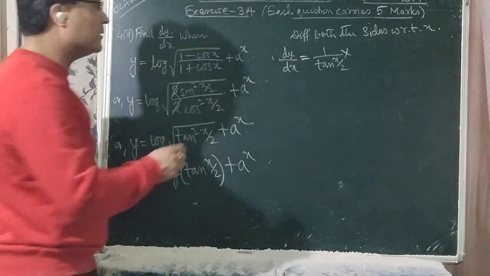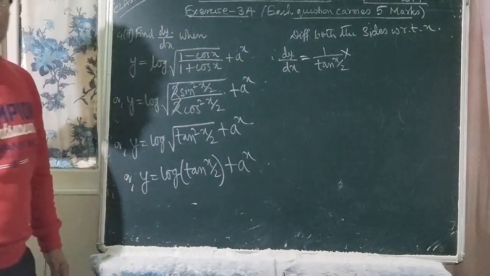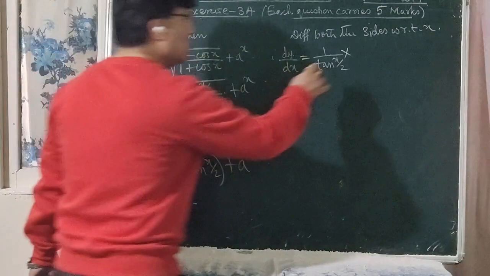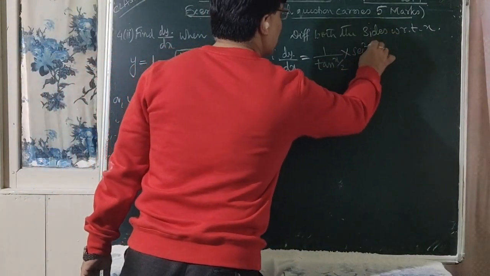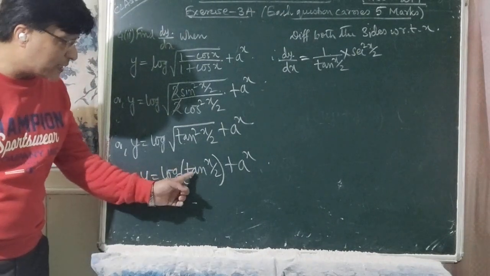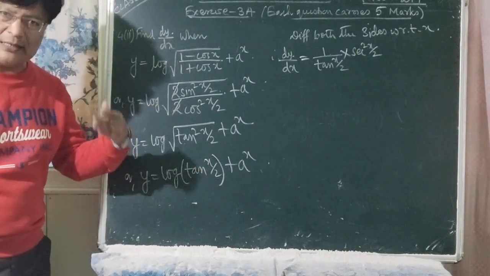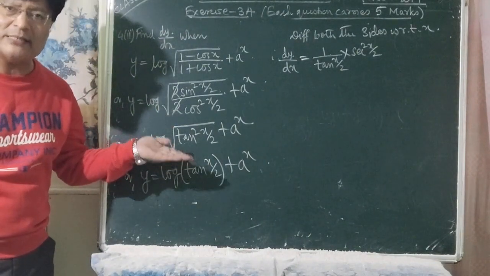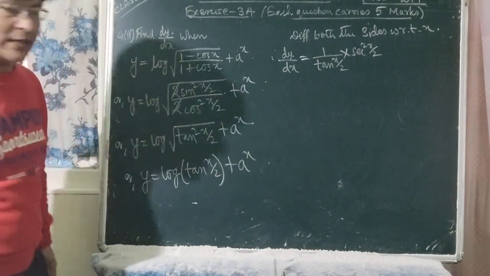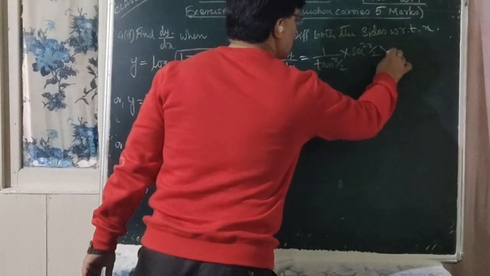What is this differentiation? Now you should take it as tan x. What is the differentiation of tan x? Sec square x, but here it is sec square x by 2. Again, which function is taken as x? x by 2. Again, differentiate the function which is assumed as x. Now in this case, you have to differentiate x by 2 again. What is this differentiation?